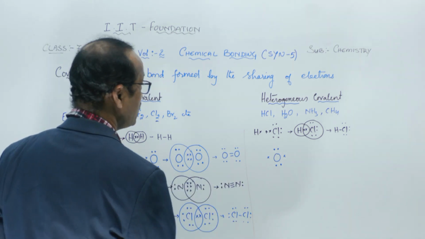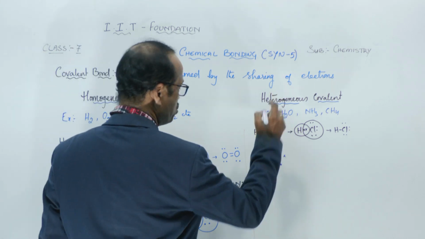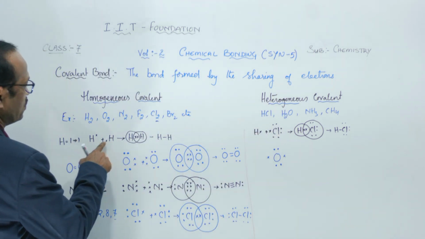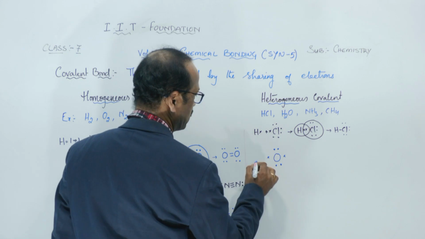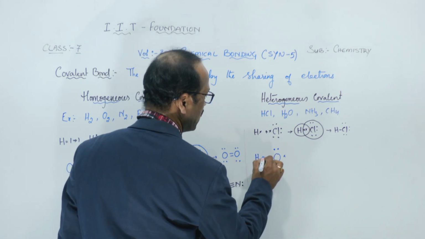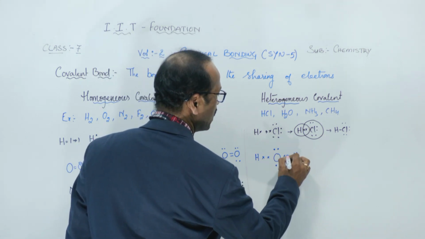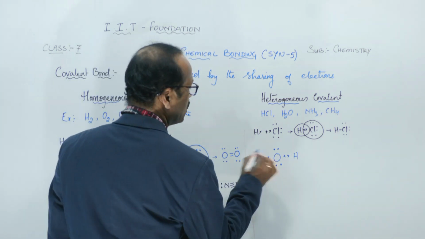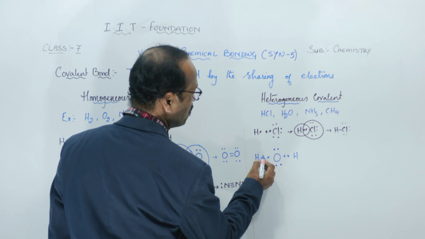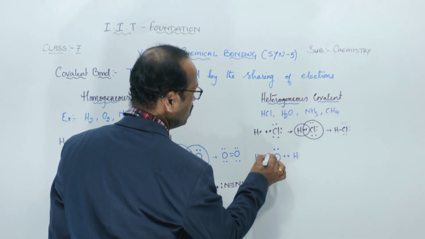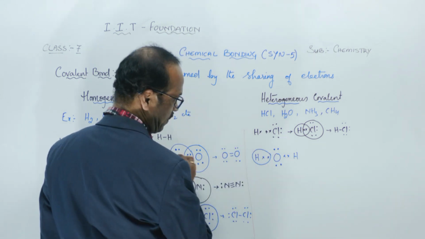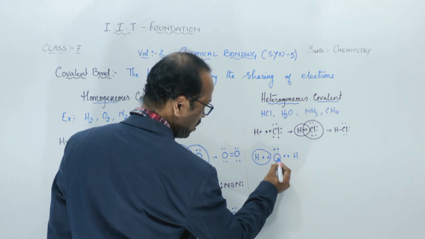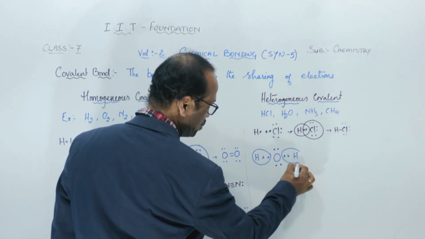Now this oxygen is combined with how many hydrogens? 2 hydrogens. Hydrogen's atomic number is 1, so hydrogen has only 1 electron, and on this side also one hydrogen has 1 electron. Now the bond is formed. Hydrogen is providing 1 electron, oxygen is providing 1 electron, and these 2 electrons will be shared.